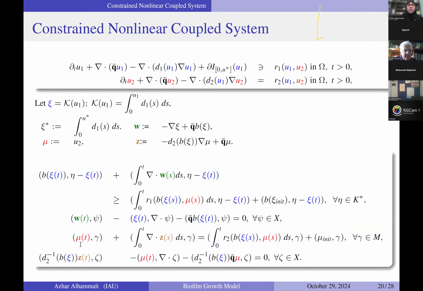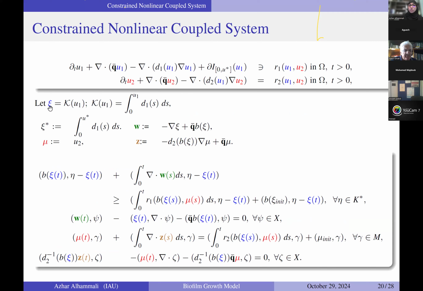And now we move to the constrained nonlinear coupled system, which is this one, the one that I presented at the beginning. To derive the error estimate for this system, we first need to linearize it in the same way we linearized the scalar BVI using the Kirchhoff transformation.